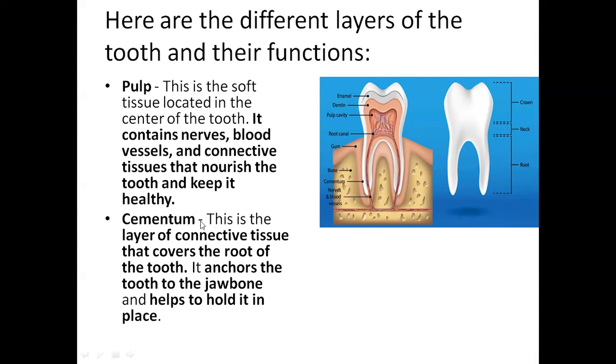Right, and we have the cementum. This is the layer of connective tissue that covers the root of the tooth. So the cementum covers the root of the tooth here. It anchors the tooth to the jawbone and also helps to hold it in place. Okay, so that's the function of the cementum.